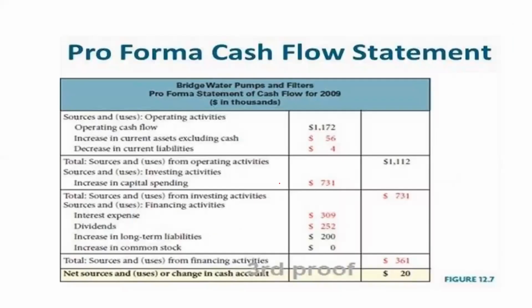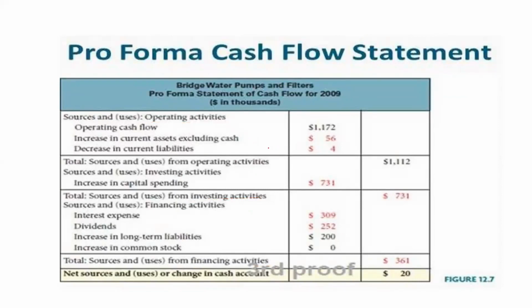Okay, so first of all, I'm just going to show you this screen. Cash can be received from or paid to three different activities. The first can be operational activities, the second can be investing activities, the last can be financing activities. So in all these activities you can get money, you have to pay money.